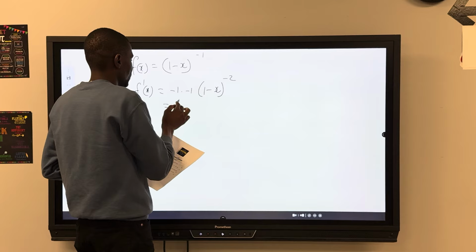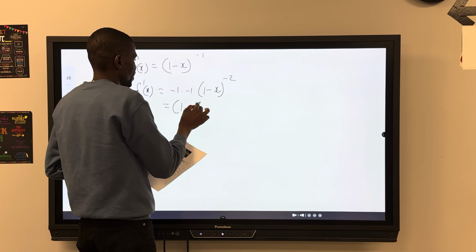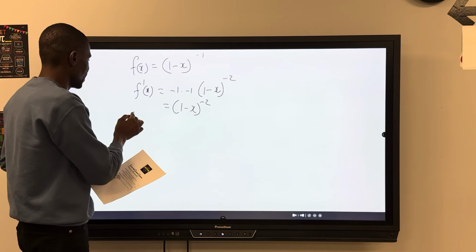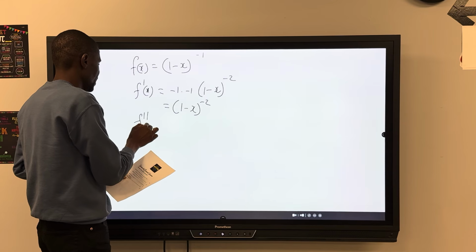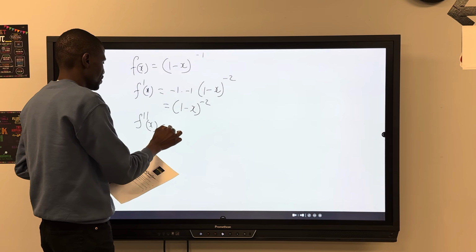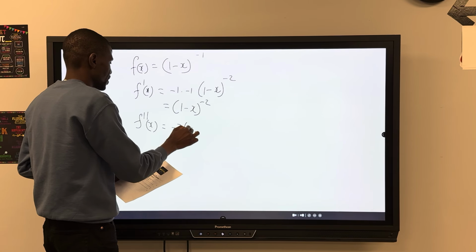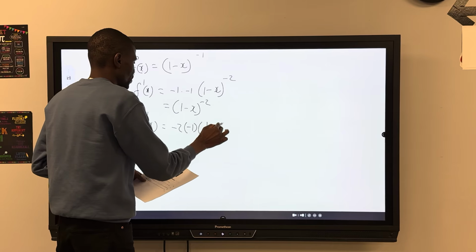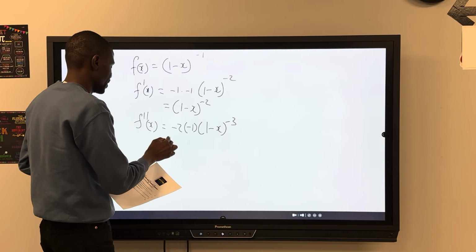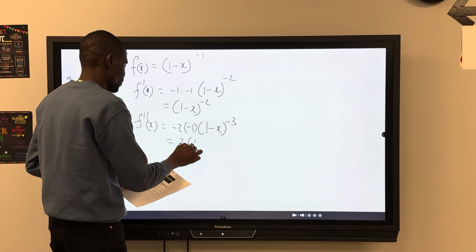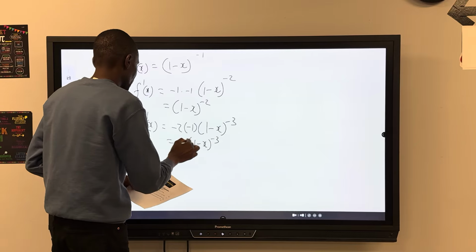So it's just (1 minus x) to the negative 2, right? Then second derivative, we are going to bring down the negative 2 times the negative 1, then we subtract 1, right? Which is just 2 of (1 minus x) to the negative 3.